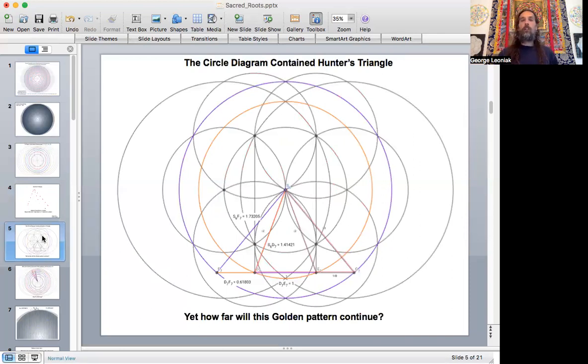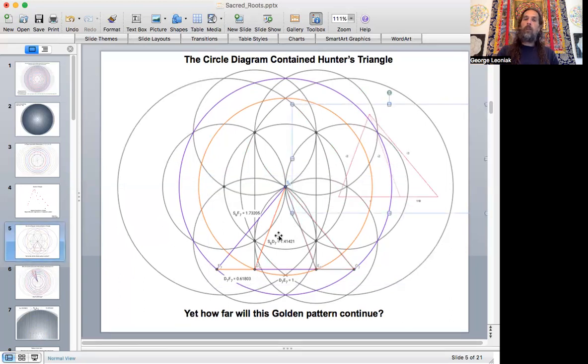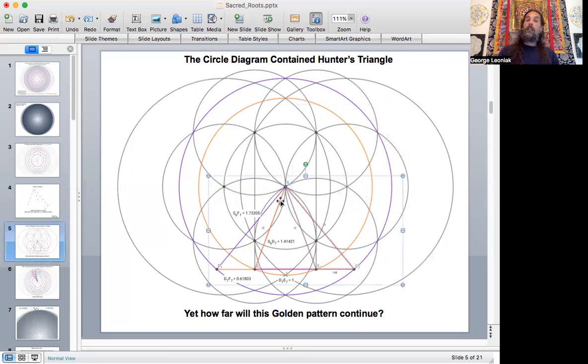In a more simplistic version just right now, showing the relationship between the root 2 circle and the root 3 circle here, the blue one. And if I do the same diagram that Hunter did, in fact, his little triangle here is over top of the one that I have there. So I'll just pop that back into place. But there we go.